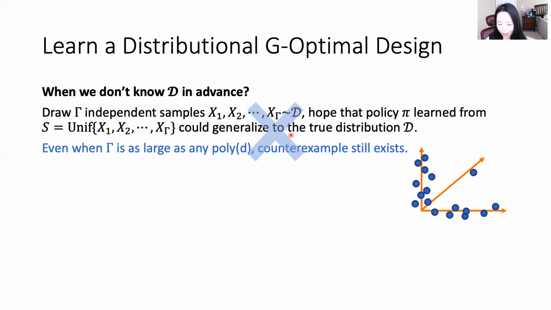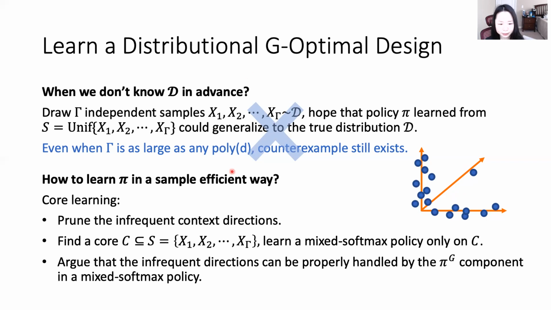So how to learn pi in a sample-efficient way? We cleverly designed a learning algorithm called core learning to solve this problem. The idea of core learning is to first prune the infrequent context directions, and then find a core which only contains frequent directions, use the empirical distribution to approximate the true distribution only on this core, and compute a mixed softmax policy on this core.